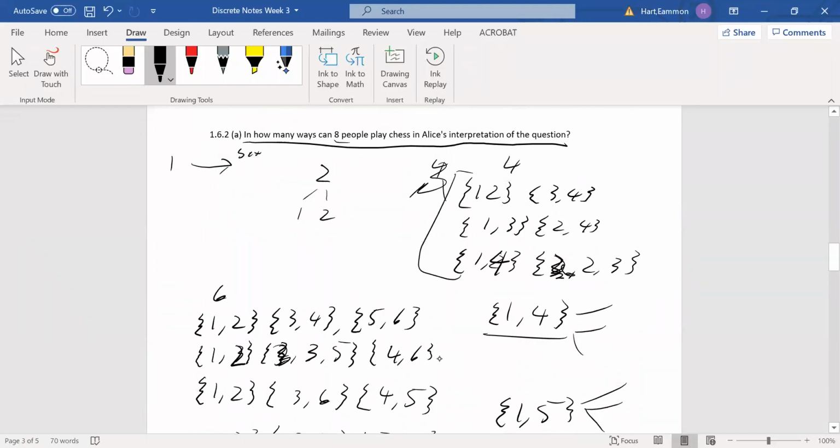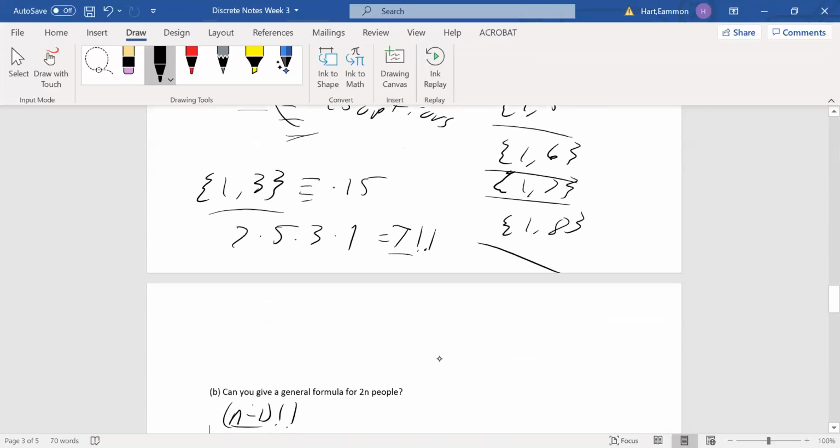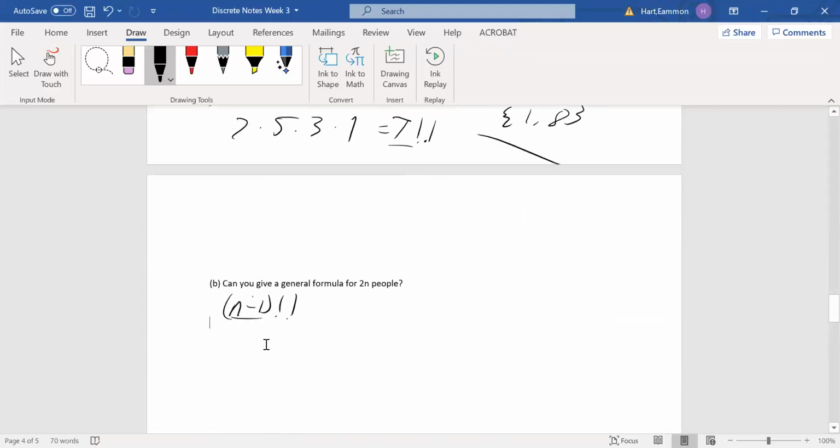This guy we can write as 3 double factorial, even though it's just 3 times 1, so it's a little bit odd to write it that way. And then this guy is 2 minus 1 double factorial, or 1 double factorial. So the general formula is going to be n minus 1 double factorial, meaning that we skip every other number.